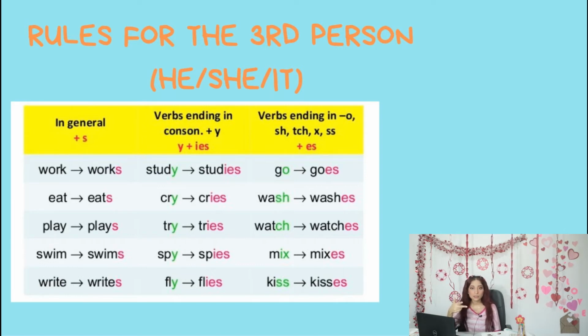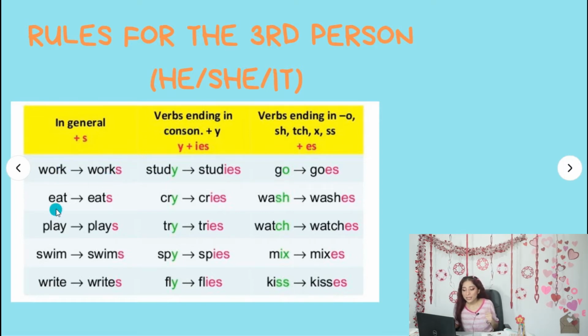Son terceras personas. Solo son he, she, it, okay? So, in general, normally, we usually add an S. That's the main rule. La regla general es que siempre le vamos a añadir al verbo una S. Luego existen excepciones, pero la regla general es añadirle S.